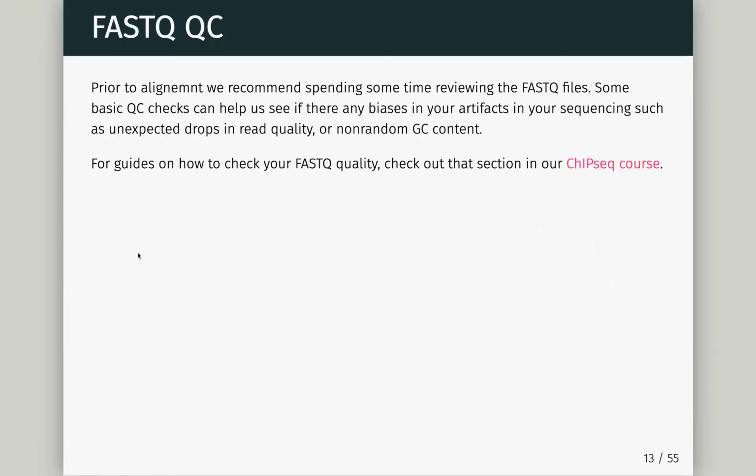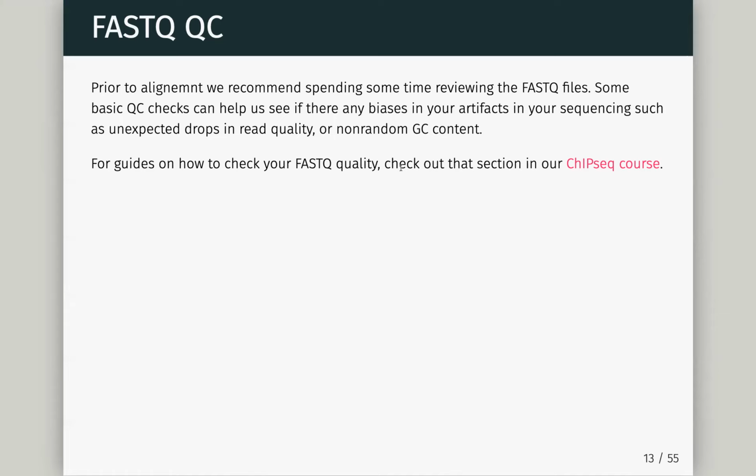Prior to alignment, we always recommend checking your FASTQ quality. Some basic QC checks may identify bias in your data, such as GC bias. We'd already seen this in our Bioconductor intros. We saw it in our RNA-seq, and we're going to do it again in our ChIP-seq.